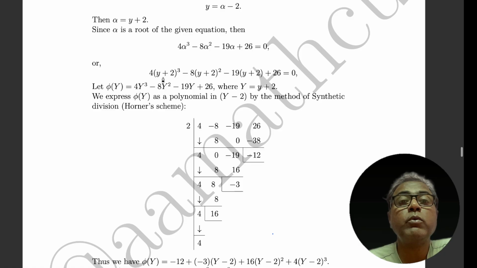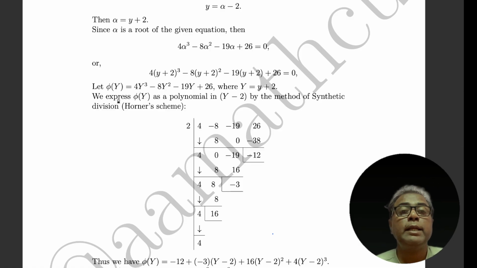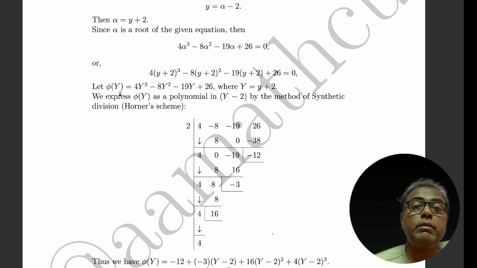So 4 bracket y plus 2 whole cube minus 8 and so on is equal to 0. Let phi of capital Y, where capital Y equal to small y plus 2. So obviously this expression phi of capital Y is 4 capital Y cube minus 8 capital Y square minus 19 capital Y plus 26. Just a simple transformation using capital Y equal to small y plus 2.